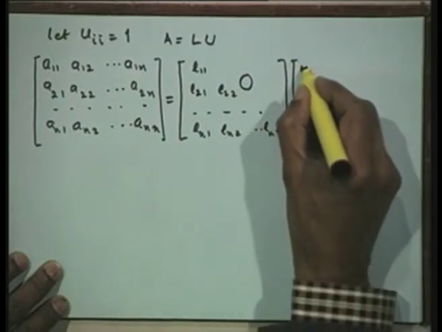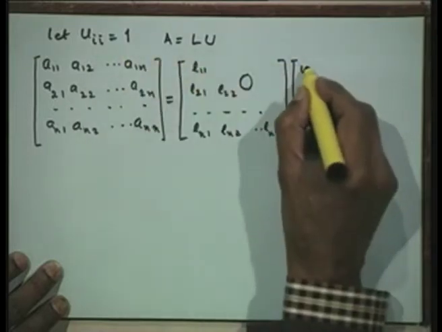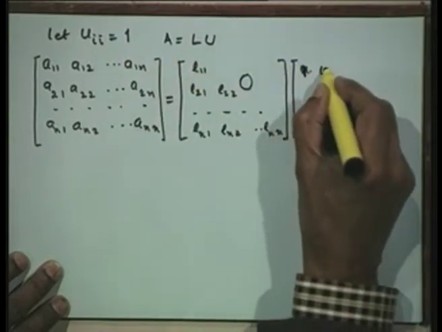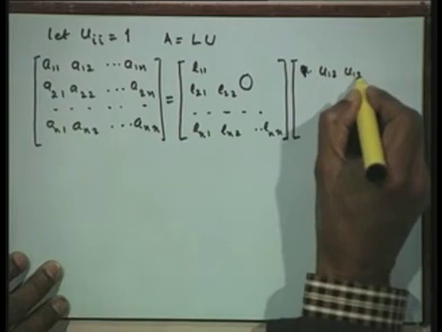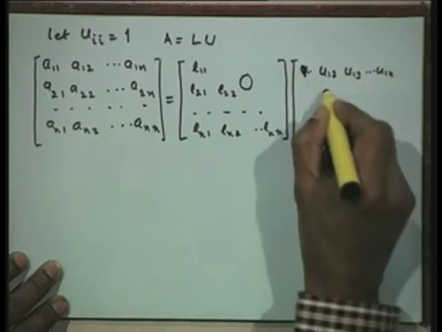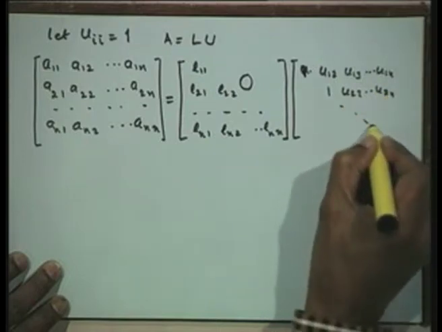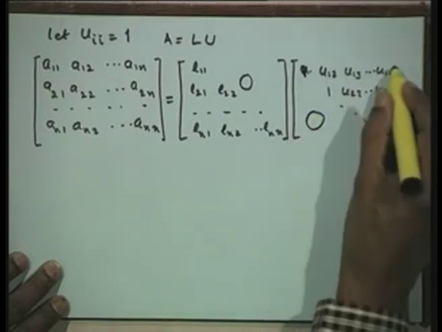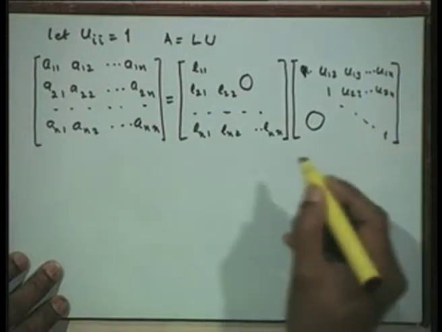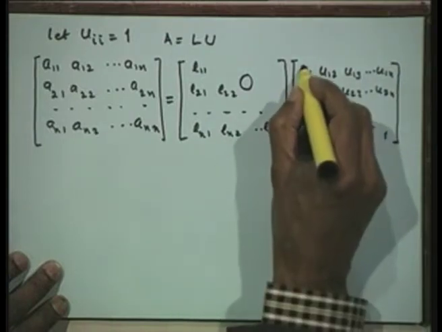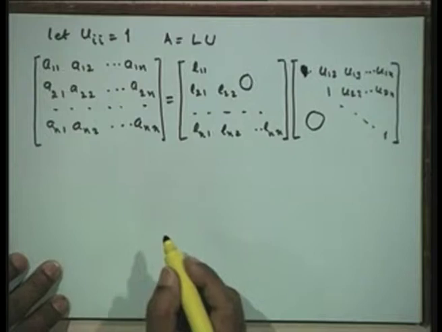Then I have here U, where we are taking Uii equal to 1, so I will put 1 here, U12, U13, U1n, 1, U23, U2n, and so on. We have taken all the diagonal elements of U as 1 and we have set up this equation.